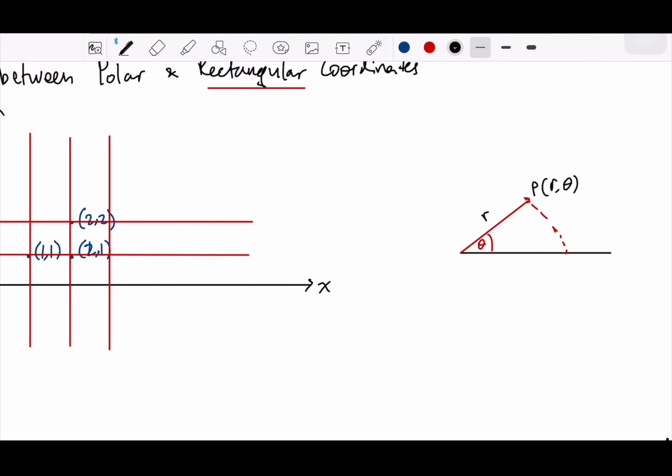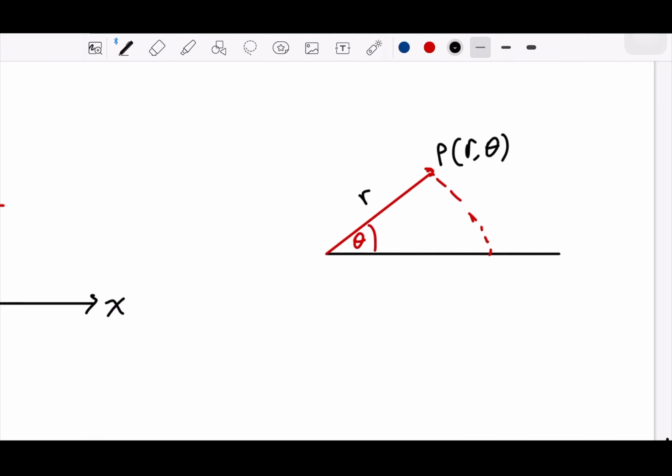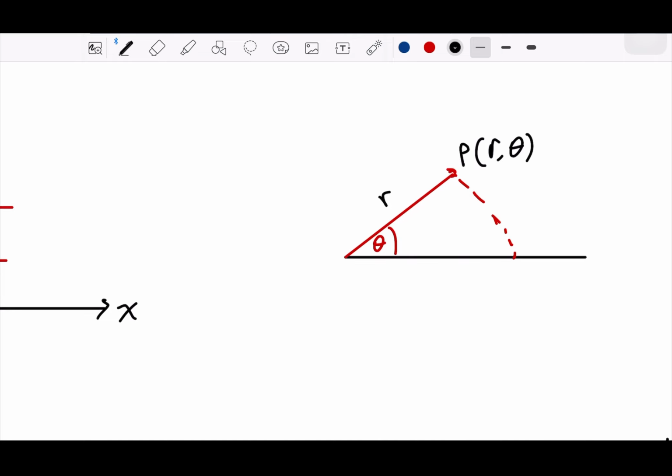While for the x-y axes, it's clear that the point that we want to put is given by its x and y positions. Another note is that for the polar coordinates, we are going to have a circular shape.